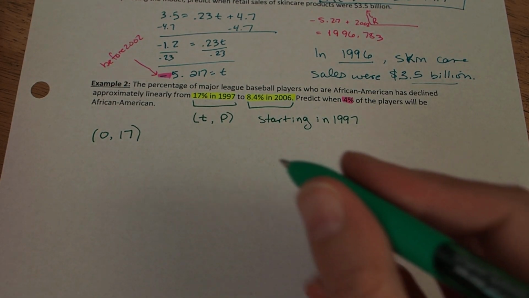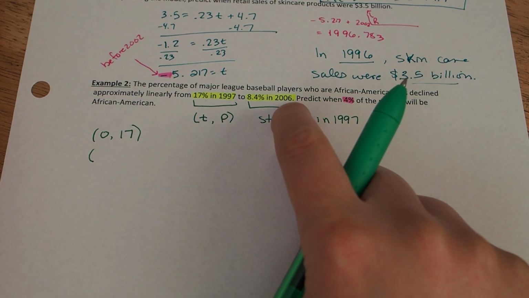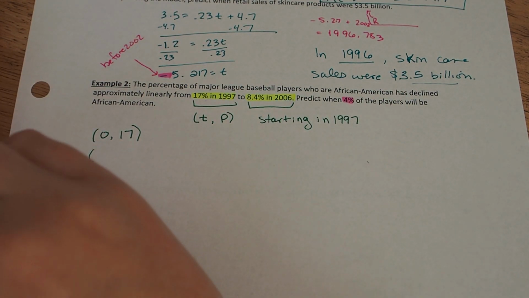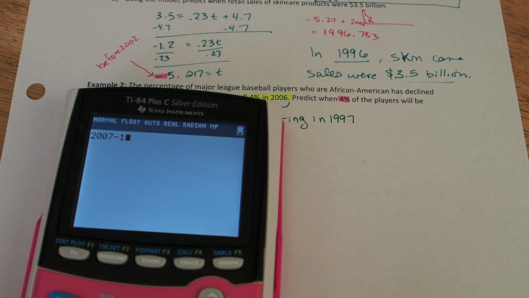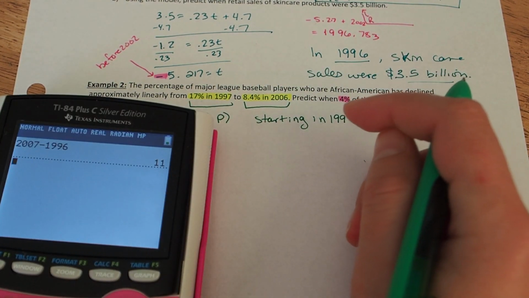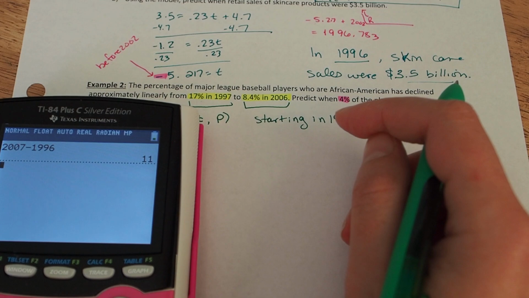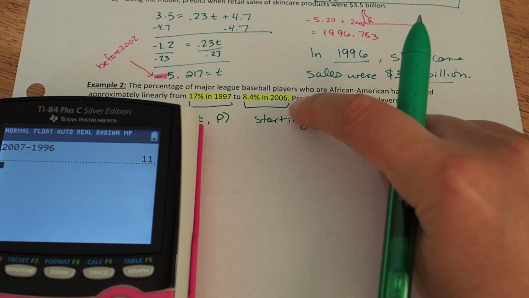The next ordered pair, I need to figure out what 2006 minus 1997 is to figure out how many years it has been. So 2007 minus 1996 has been 11 years, which would have been nice if I was in 2007, but I'm in 2006.